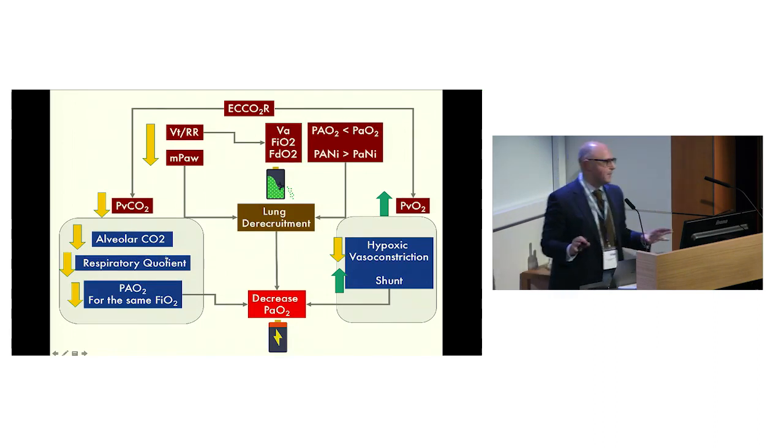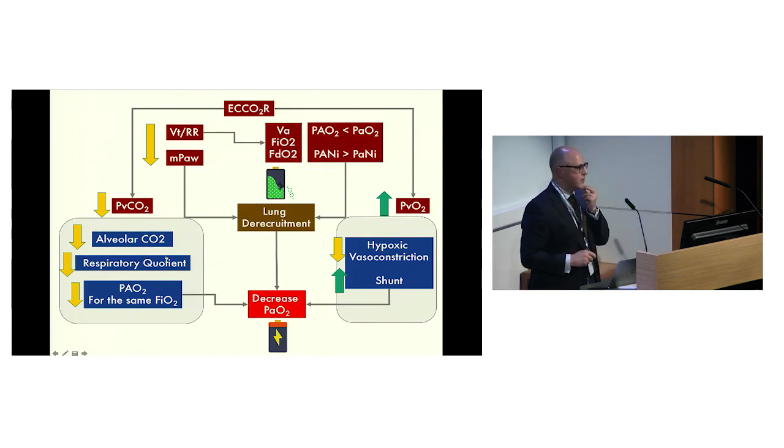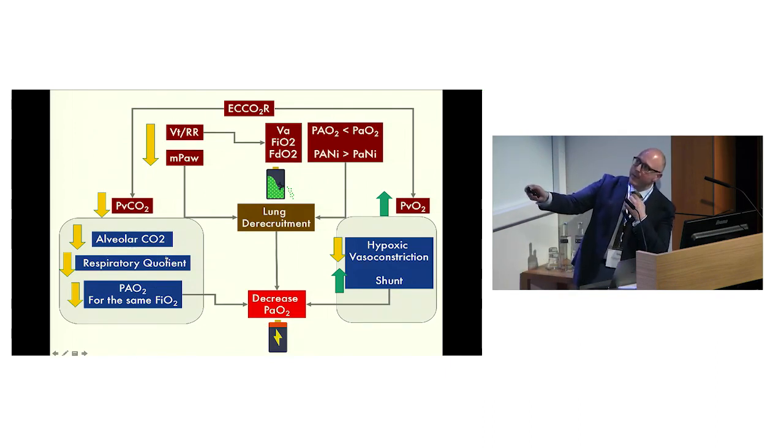It is my attempt to arrive to this point where the battery is empty and there is a decrease in oxygen, PaO2. So let's follow it from the beginning, okay? So I'm going to guide you on your left-hand side first and then on your right-hand side. So if you stay with me. CO2 removal, the first thing we said is that because it decreases the CO2 in the mixed venous blood, it will reduce the tidal volume and the respiratory rate.